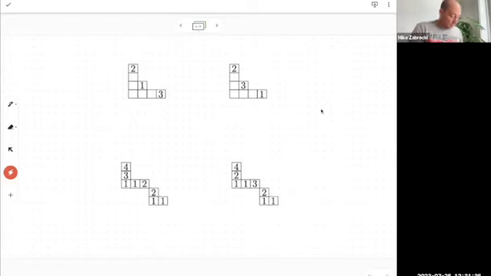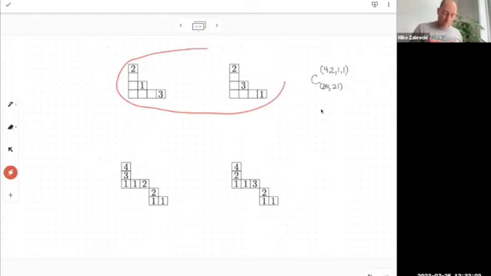So one of them is that C, say 3, 1, 1, 2, 1, and then 4, 2, 1, 1 are encoded by the two objects on the top. This is the one where the outer shape is 4, 2, 1, 1.